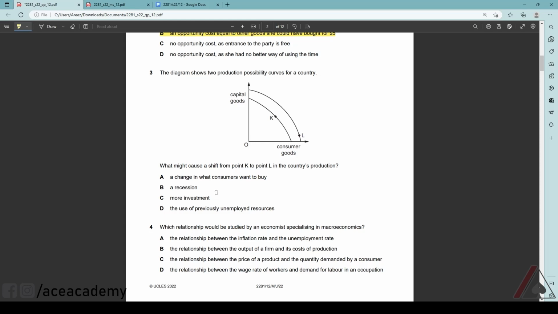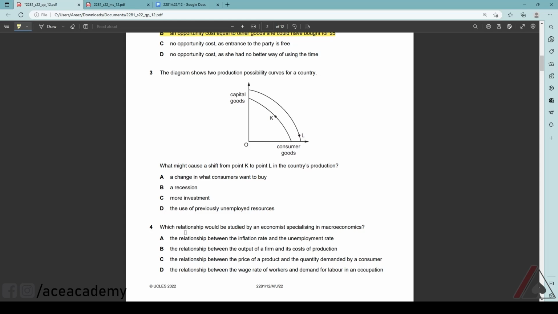If there is more investment, a country would have more possibility for production going on. Therefore, there would be an increase, or an outward shift, of the curve. Not only so, if the investment happened more in the consumer industries, or industries which produced consumer goods, then K would have very likely shifted to L.